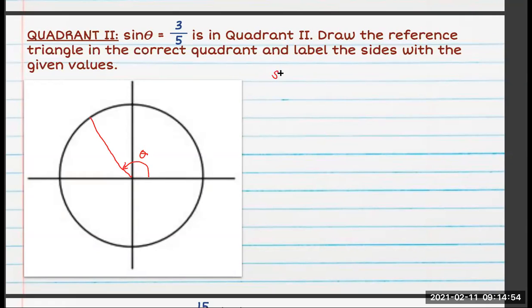Now, you're given sine theta. And sine theta is y over r, right? Sine theta is y over r, which means that if sine theta is 3 over 5, we can say that your y is equal to 3 and your r is equal to 5.